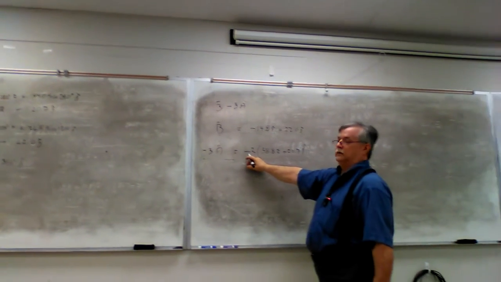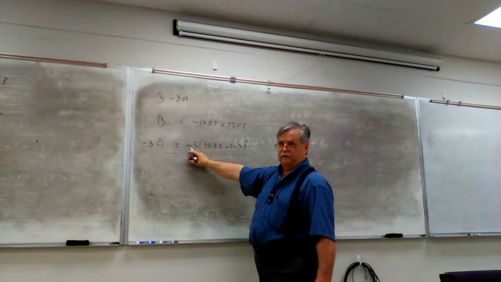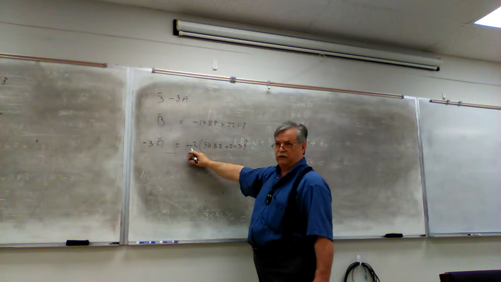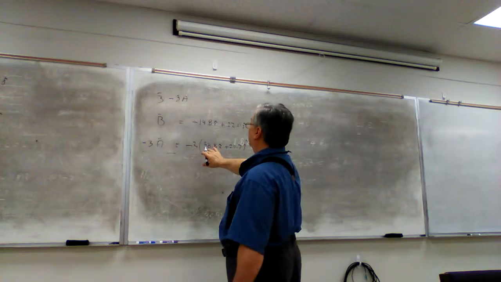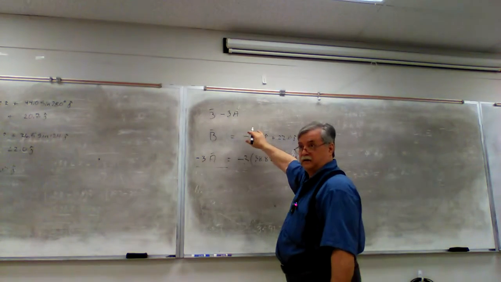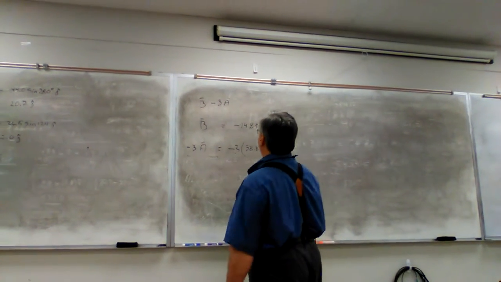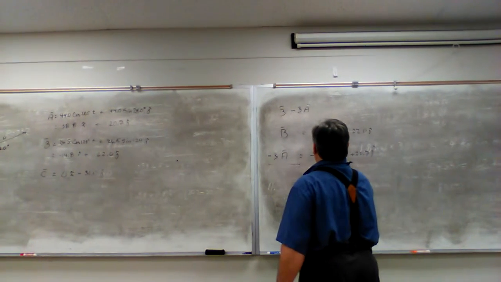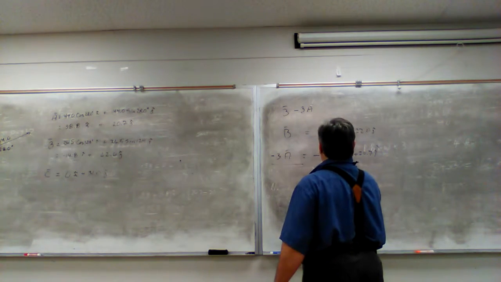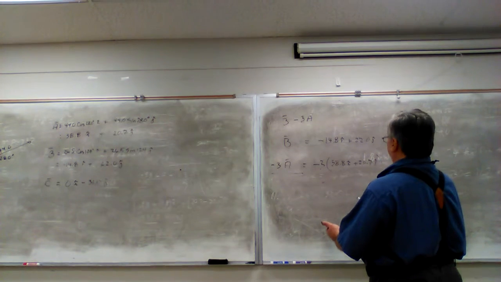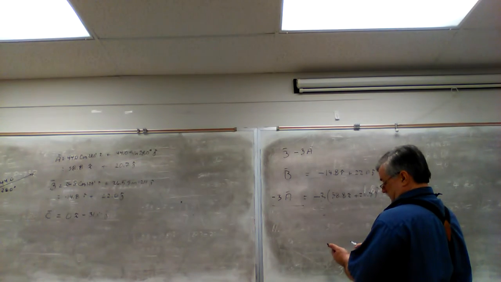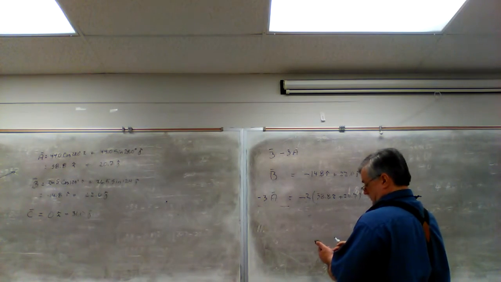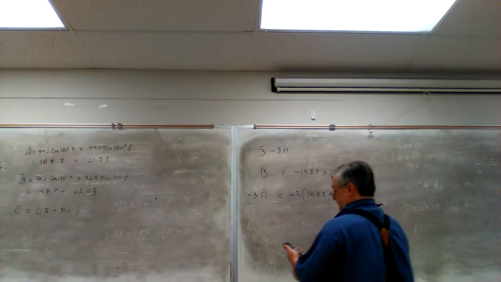You'll notice I put in, we're multiplying A by 3 and subtracting it. So we're multiplying by negative 3. That gives us, what's 3 times 38.8? 116.4.